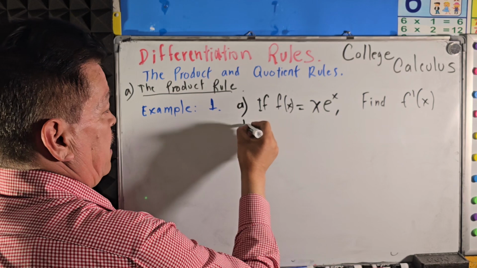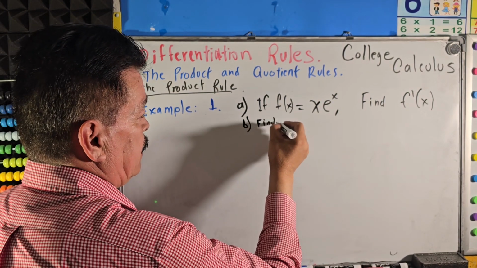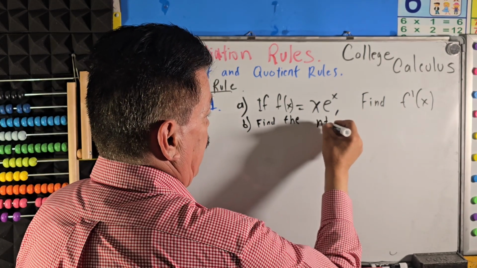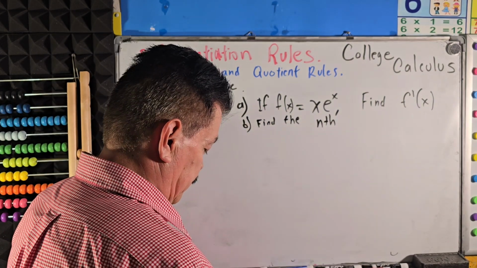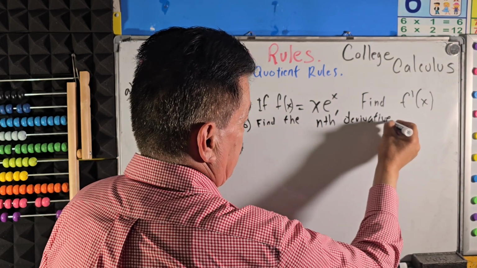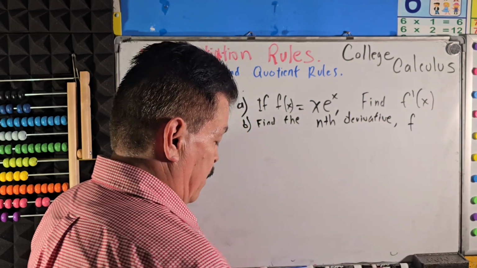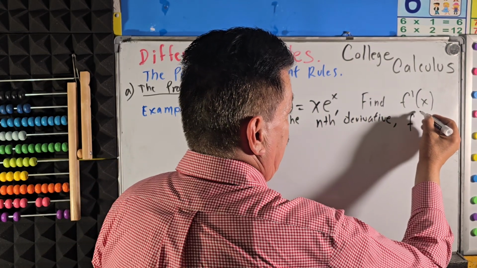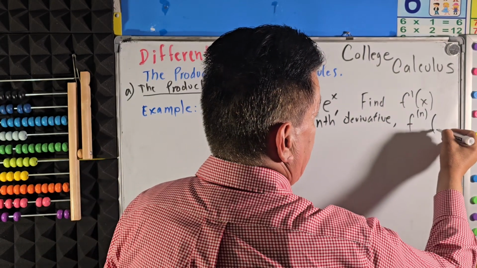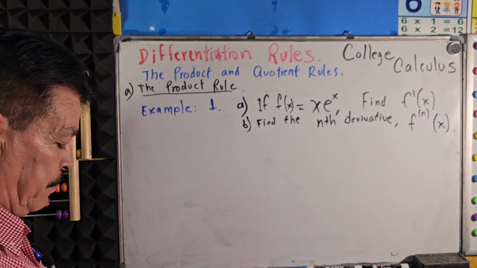B, this is the second question: find the nth derivative, f to the n power of x. All right, two questions.